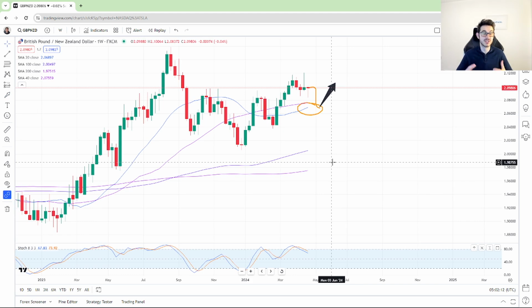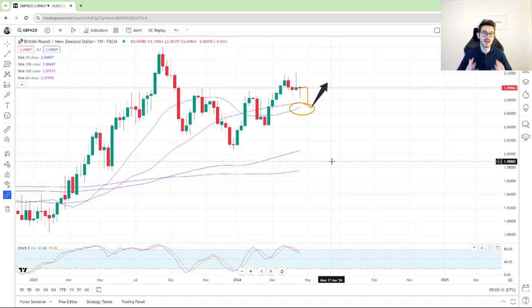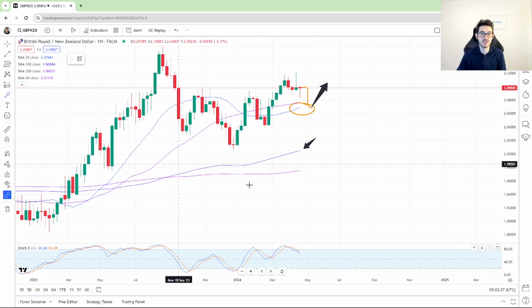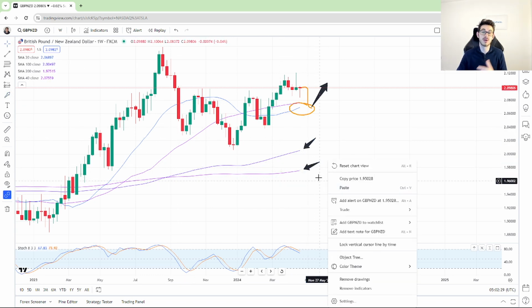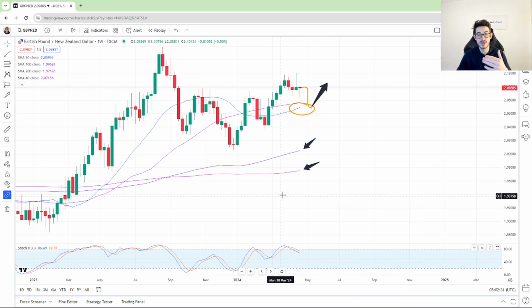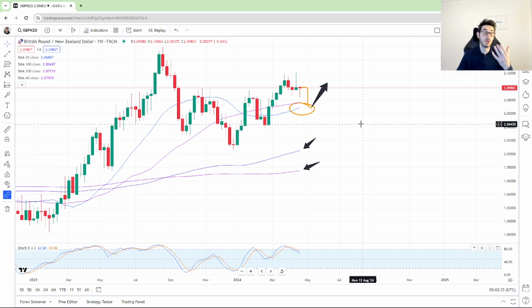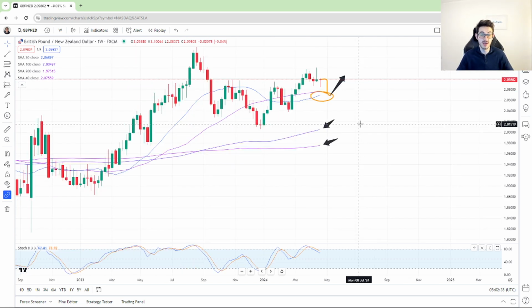So the averages are telling you where price should be at any given moment, and tracking that is useful on the nearer term and the longer term. In the same instance here, the further away you are from these higher moving averages shows you how high price is on the longer term, and therefore you would be more inclined to short on the long term.